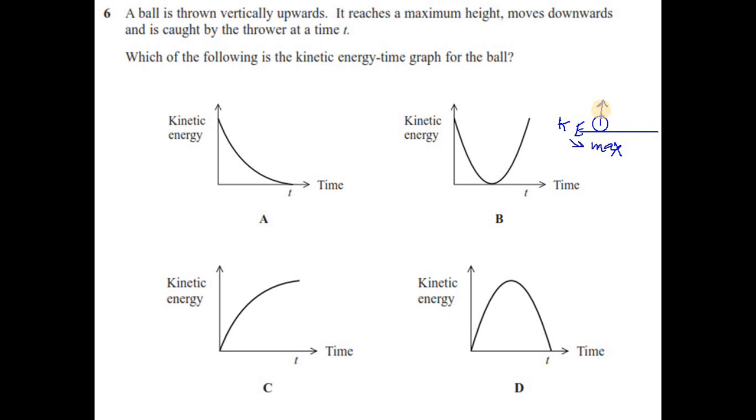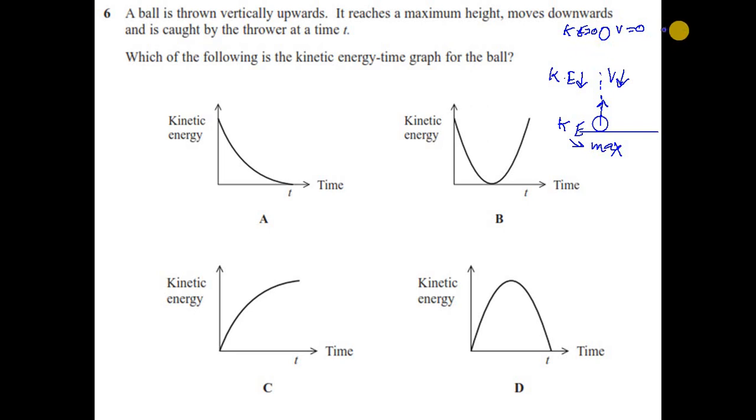And as the ball keeps moving up, its velocity keeps decreasing, you know that. So if velocity is decreasing, that means kinetic energy is also decreasing. And when the ball reaches some maximum height, the velocity becomes zero, so the kinetic energy is zero.